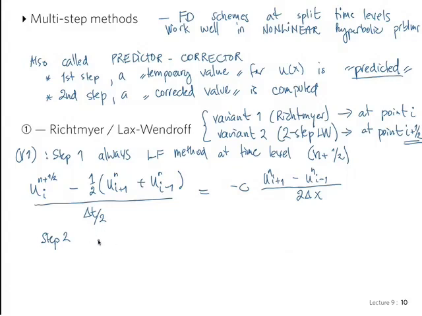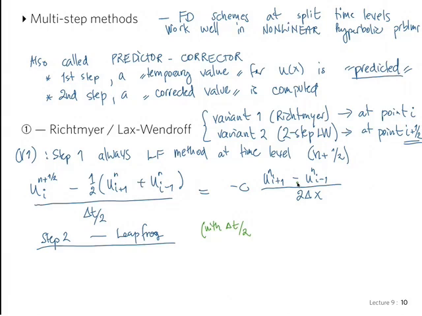is a leapfrog. But note this is going to be, again, with delta t half. And remember the leapfrog is looking at, usually would be u^{n+1} minus u^{n-1} divided by 2 delta t.